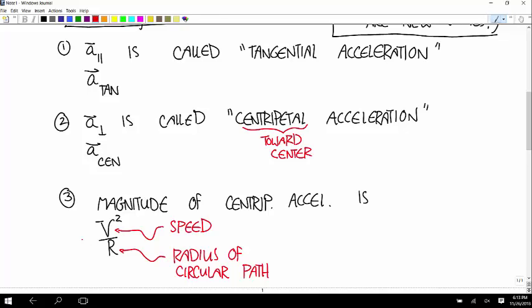More, and that is indicated here, since speed is in the numerator. 20 squared is 400. 30 squared is 900. So you have a bigger acceleration if the radius of the circle is the same and you go faster around the circle.